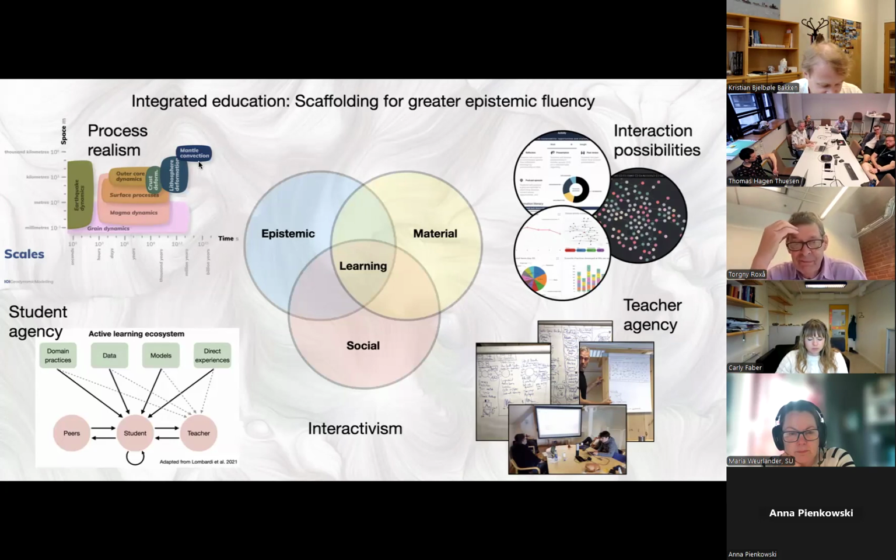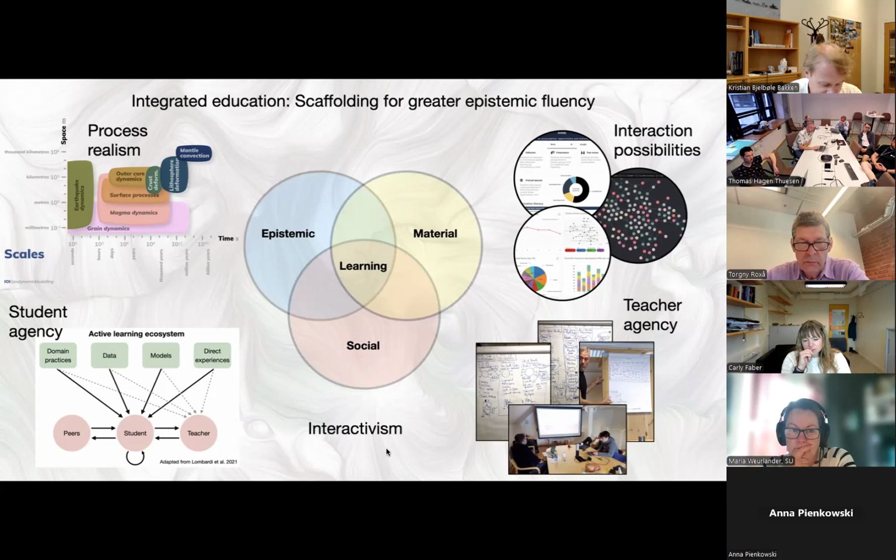And therefore we can level the playing field a little bit better and see how we actually have a common ground. Then we can leverage technology to improve our situation knowledge and give new interaction possibilities so we can see how these things can be connected. And that can improve agency both for teachers and for students.